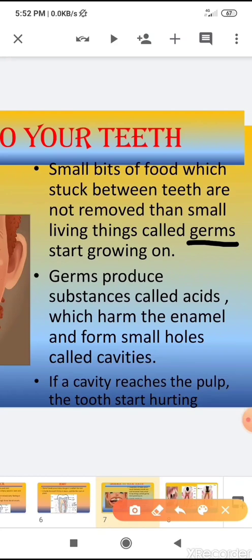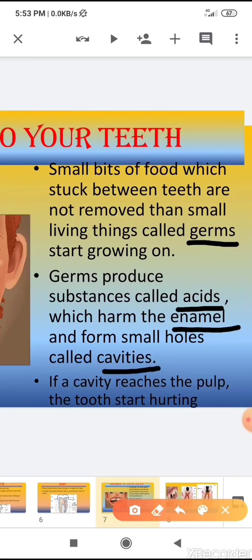Then these germs produce a substance called acid. Children, acid is a very harmful substance which harms the enamel. Now you know the enamel is the white portion of your teeth which is visible to you all, and it forms small holes called cavities.